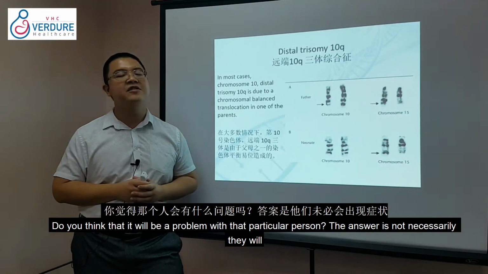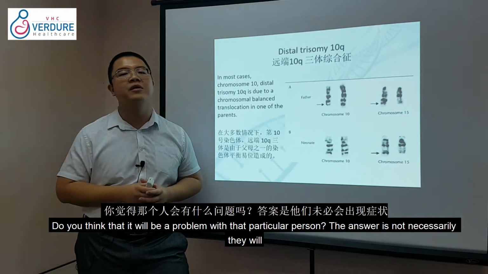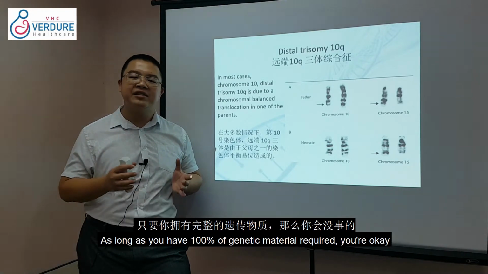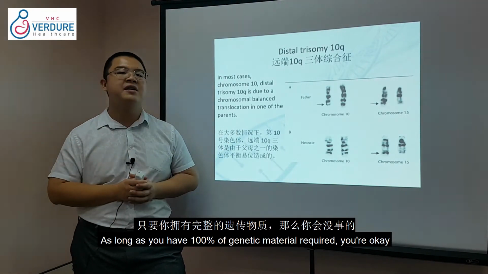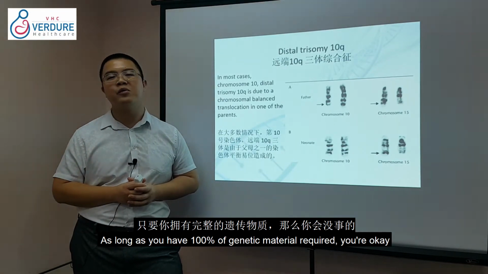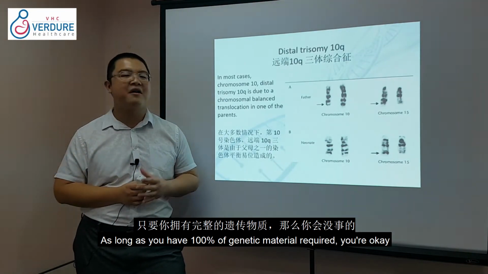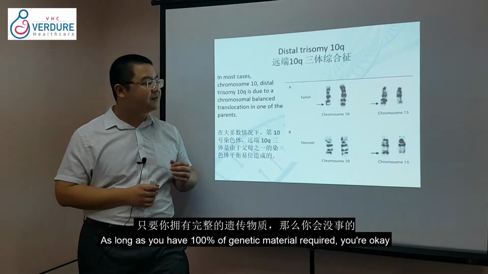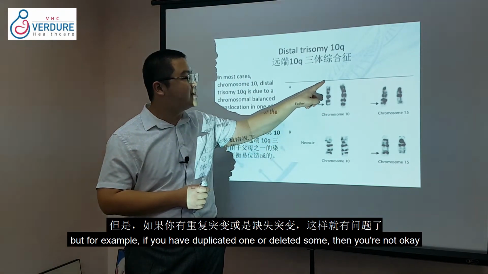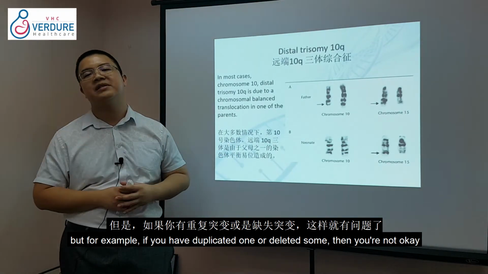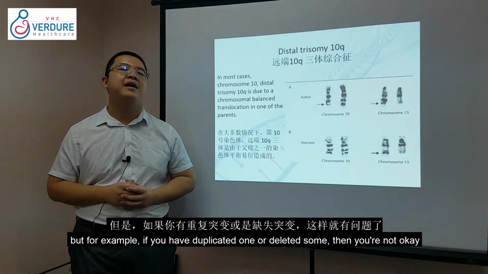Well, the answer is not necessarily. Why? Because as long as you have 100% of the genetic material required, you are okay. But if, for example, you have duplicated ones or deleted some bits, then you're not okay.